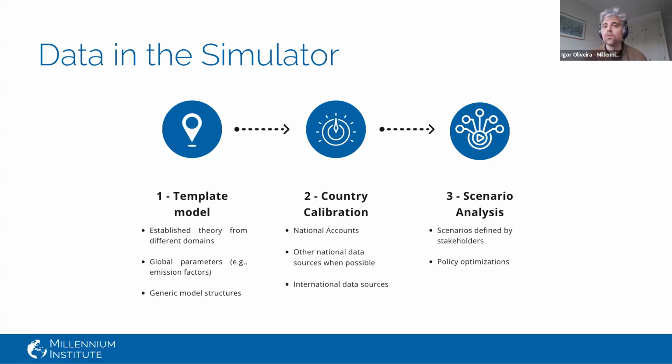Then we use data to calibrate the model, meaning that we use data to adjust the model to the specific reality of a specific country, right? And that's how we manage to deliver scenario analysis that are specific to that country.